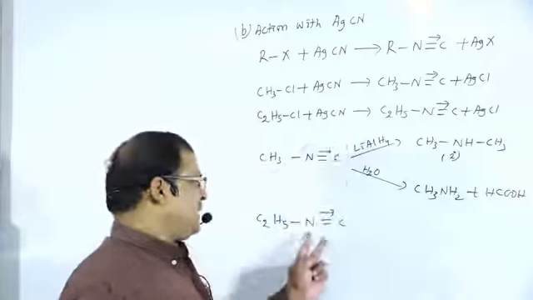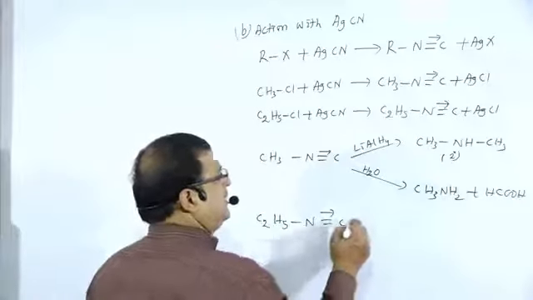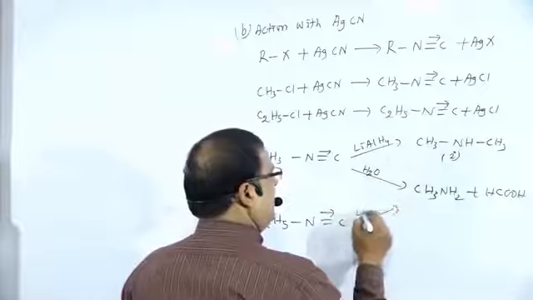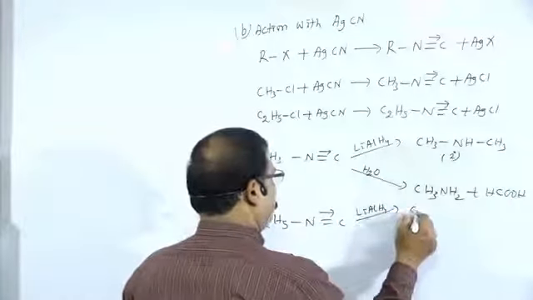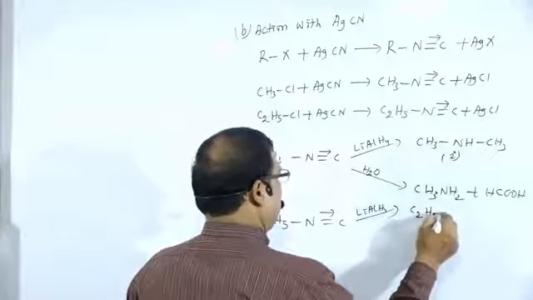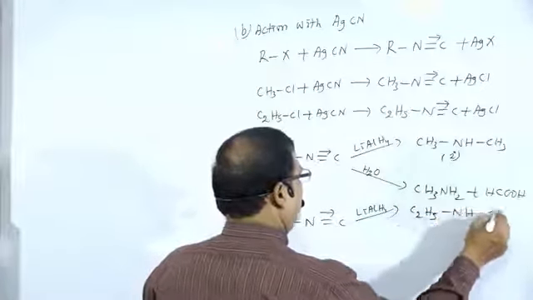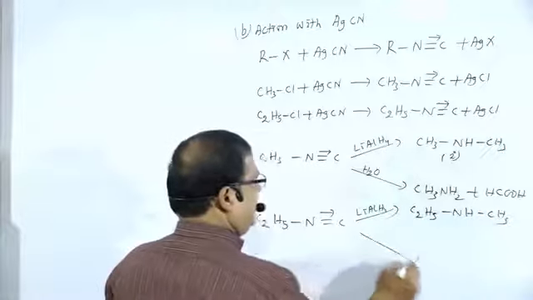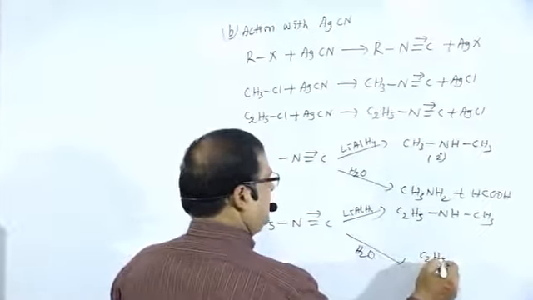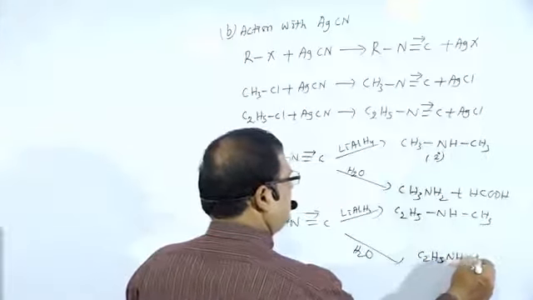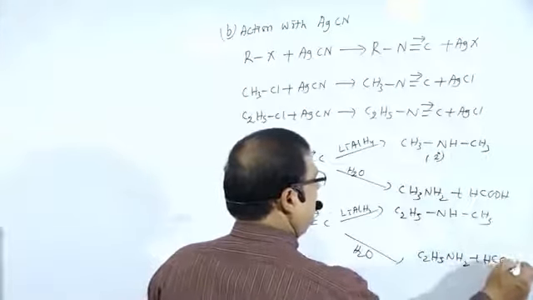So ethyl isocyanide is reduced by LiAlH4 reduction, and there is the formation of C2H5-NH-CH3, and that is hydrolyzed to form C2H5NH2 plus HCOOH.